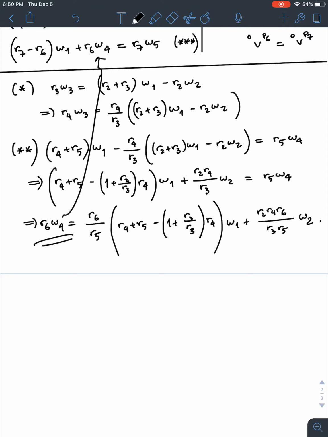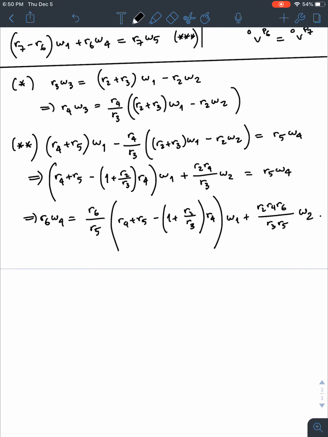I'm going to go ahead and plug that in the third equation. So that's going to give me what? R7 minus R6 times omega 1 plus this whole thing, right?